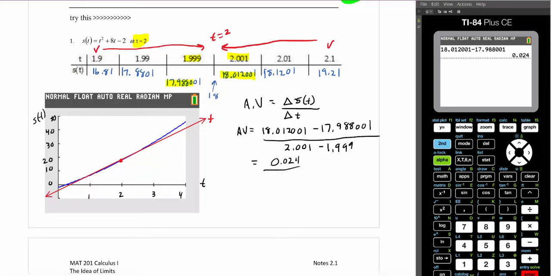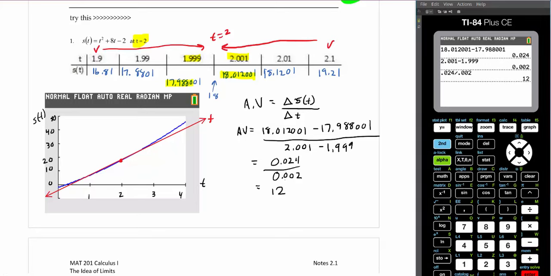And then when we subtract the t's, 2.001 minus 1.999 with 3 decimals is going to give about 0.002. Now we'll divide the 2, which you can do in your head. That's 0.024, and then divide that by 0.002. Should give us a slope of about 12.